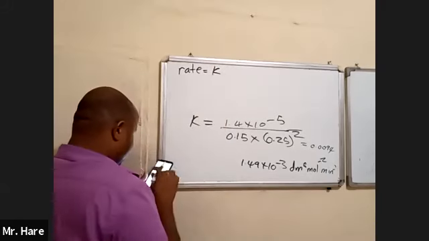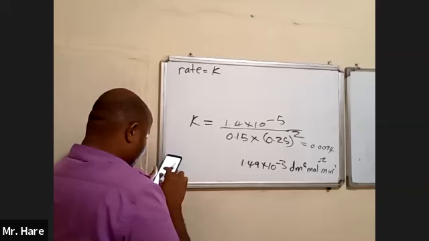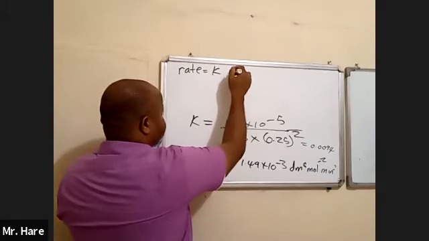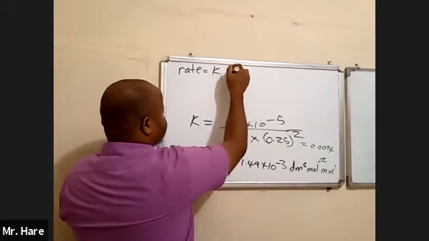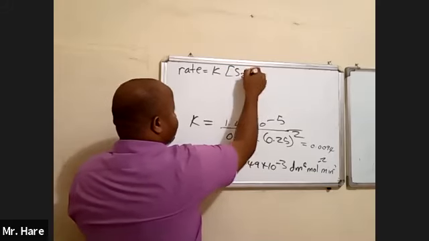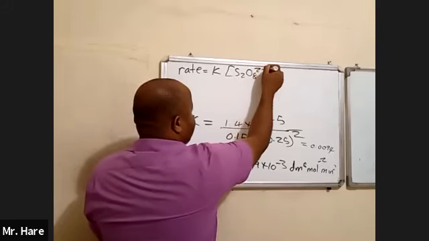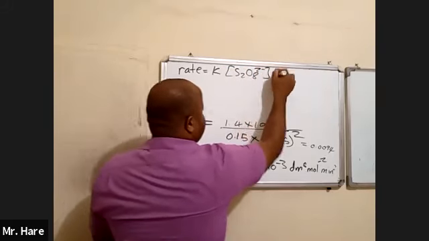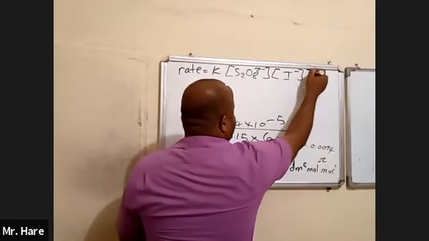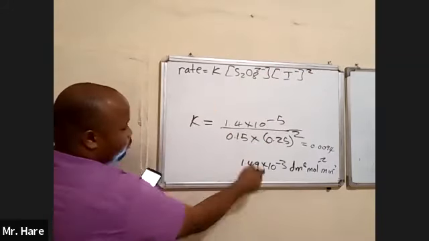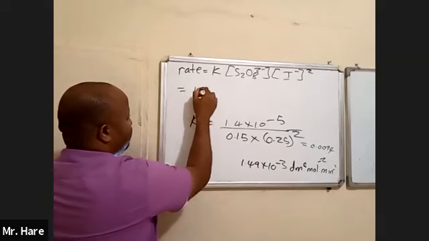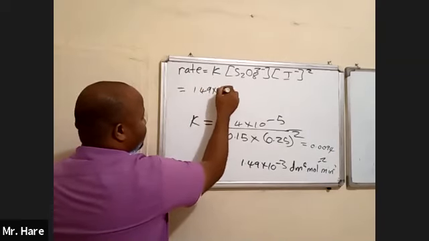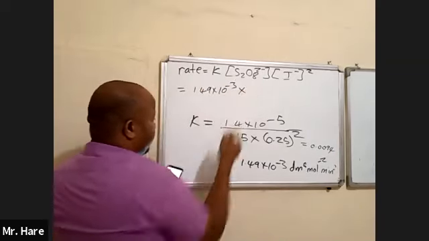So the rate is equal to K times the concentration of S2O8 2 minus times I minus squared. K is 1.49 times 10 to the minus 3.